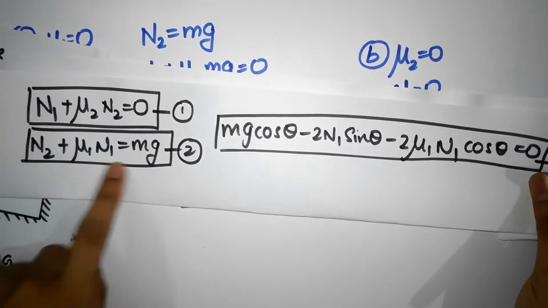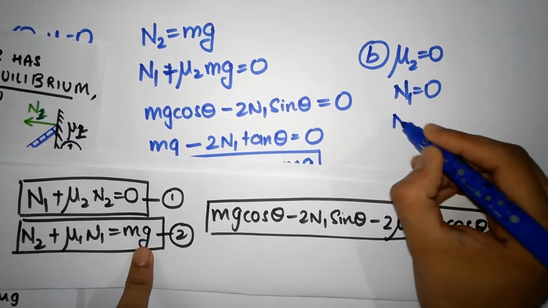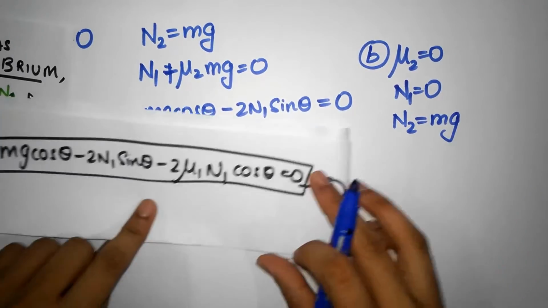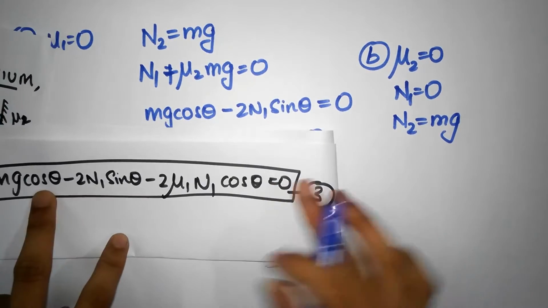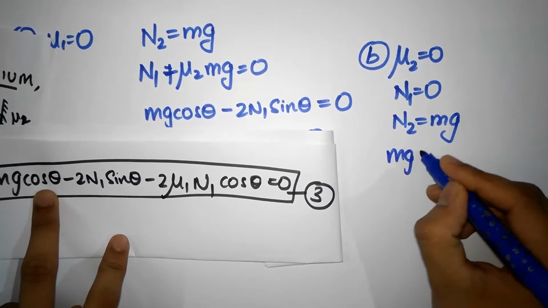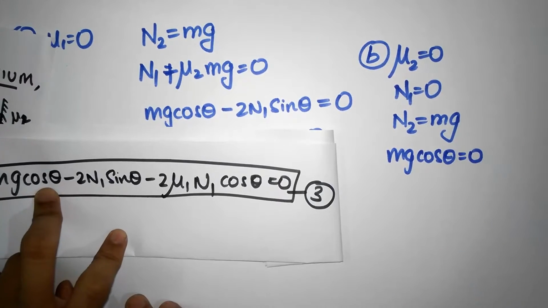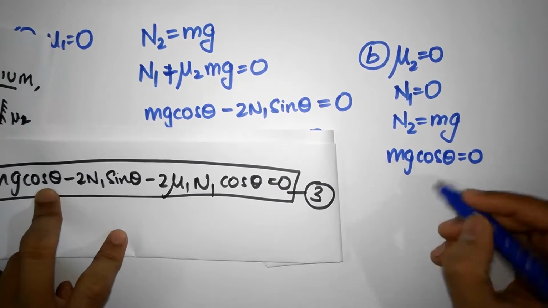And nothing happens over here. Oh yeah, something happens. n1 is 0, so n2 becomes mg. And since n1 is 0, this whole term disappears. And we end up with now mg cos theta is 0. We get something very weird. We get theta is 90 degrees, by the way.